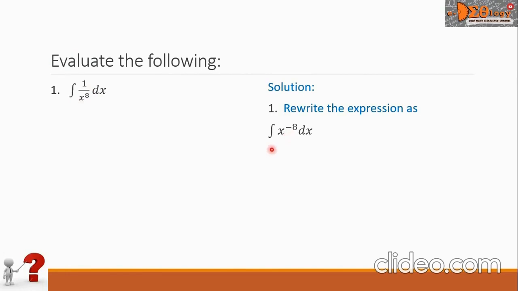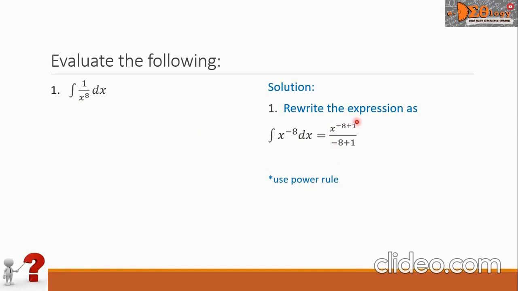So we have the integral of x raised to negative 8 dx. And from here, we're going to use the power rule. This is now equal to x raised to negative 8 plus 1 all over the denominator negative 8 plus 1.